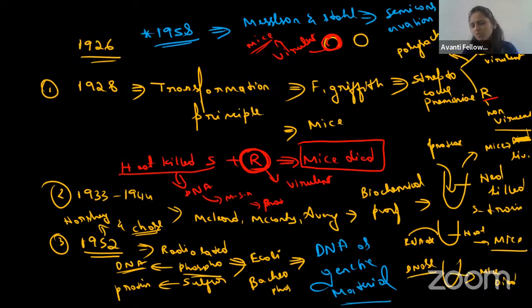Okay. Can you tell me who told that DNA is going to be replicated semi-conservatively? Meselson and Stahl proved the semi-conservative mode of replication. Can you tell me in which year, which scientist told that DNA replication is semi-conservative? I'm asking who told, not who proved. Remember, guys, proved is different, told is different.